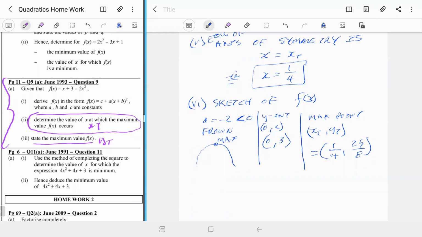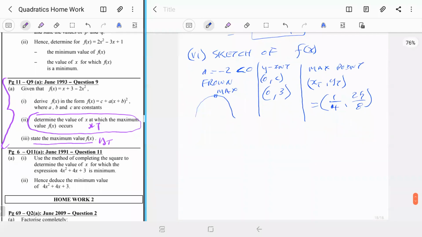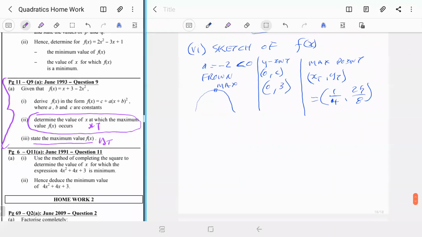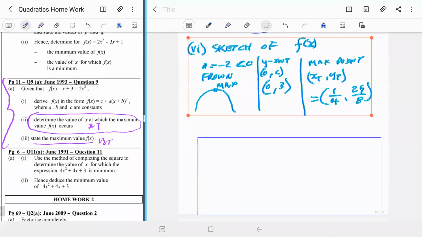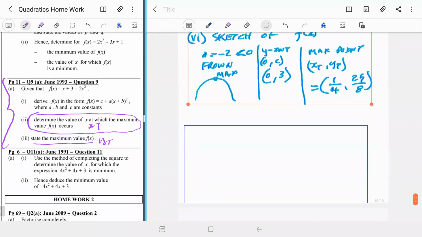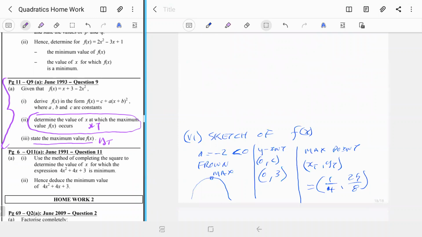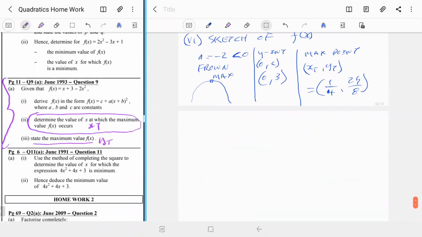Are you okay with that so far? Yes, sir. And then we're going to draw this information now. Again, let's shift it down to the edge of the page and let's draw it. So with that information, I'm going to make a sketch.